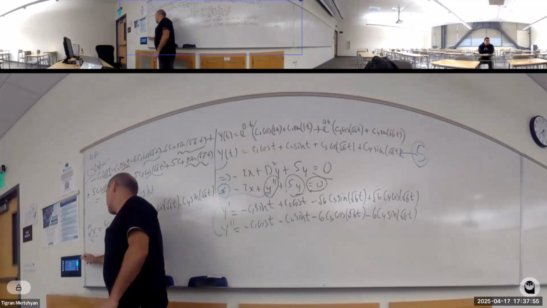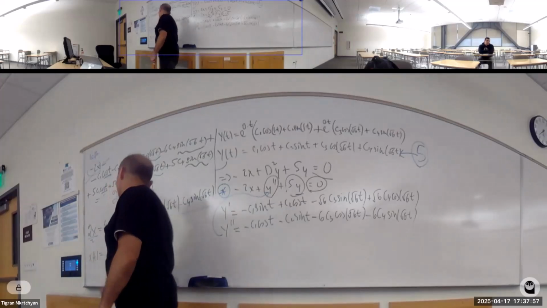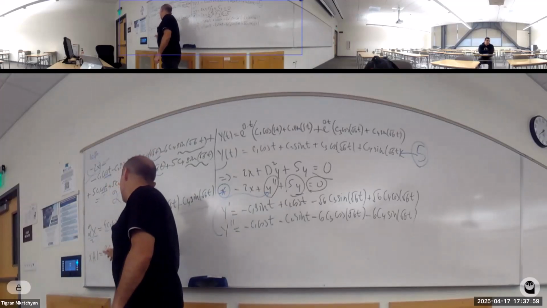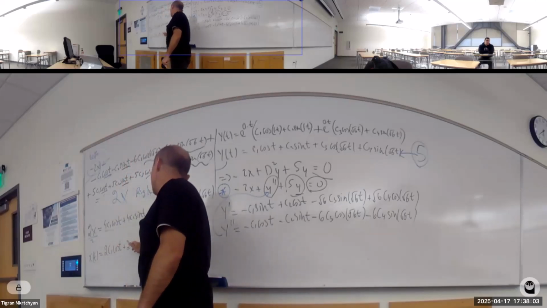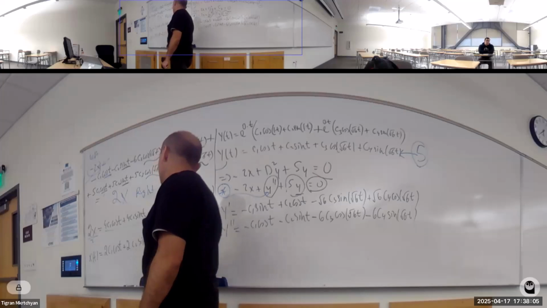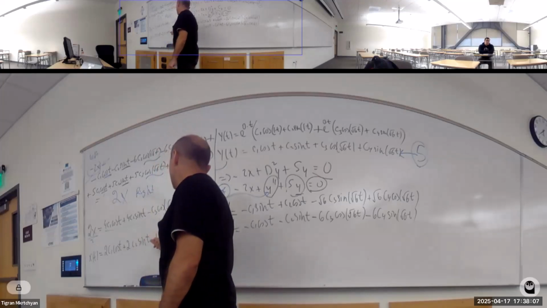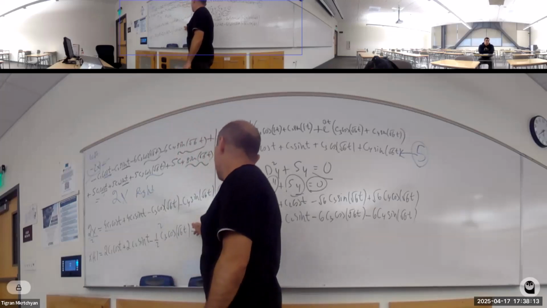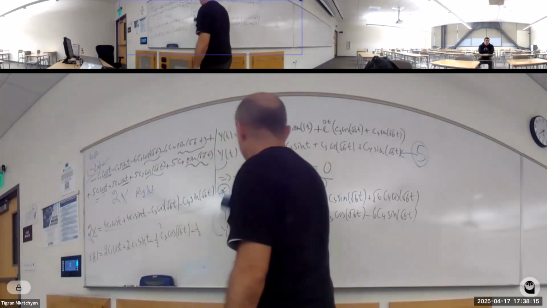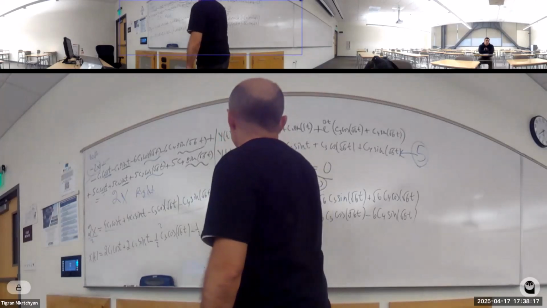So we got x(t) equals 2C1 cosine t, 2C2 sine t, minus 1/2 C3 cosine this, minus 1/2. We don't need the derivatives.